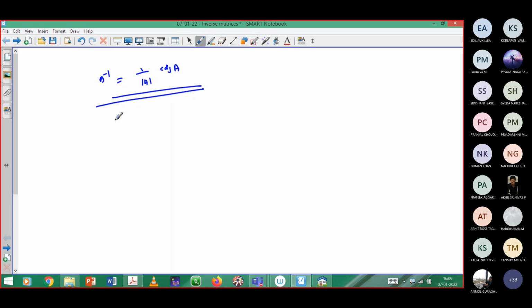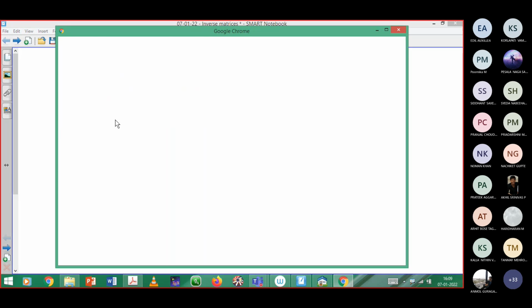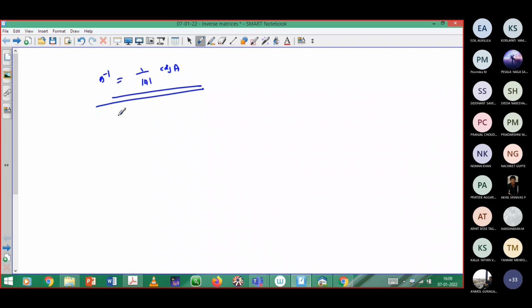Now in this module, we are going to use the property we have already learnt in our schooling. That property is nothing but A inverse A equals A A inverse equals. Can anyone try to say the answer? Identity matrix.